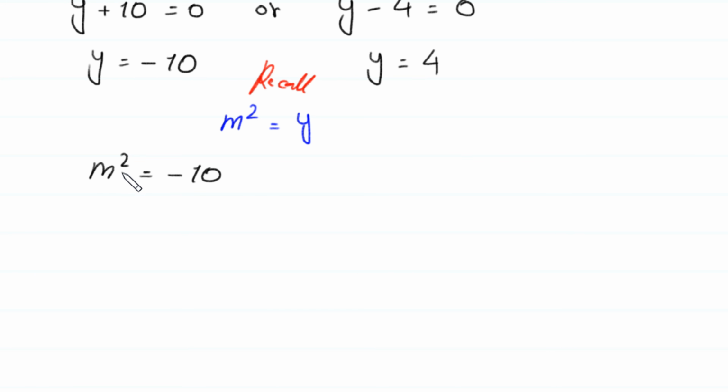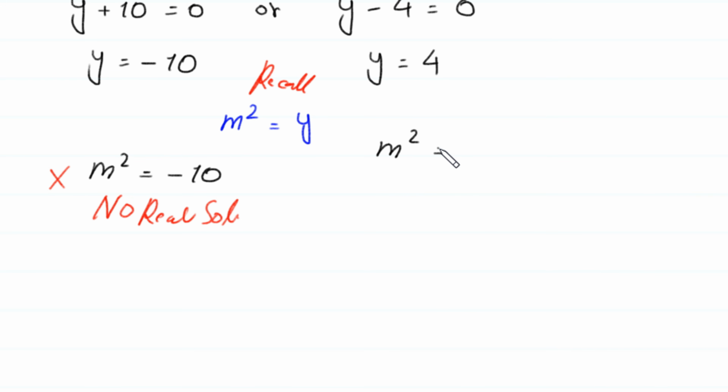Now to find the value of m, we need to take a square root of both sides, and because the square root of a negative number is not a real number, no real solutions can be found from this, so we reject this one.